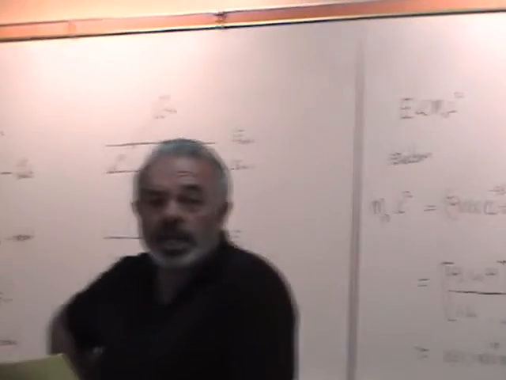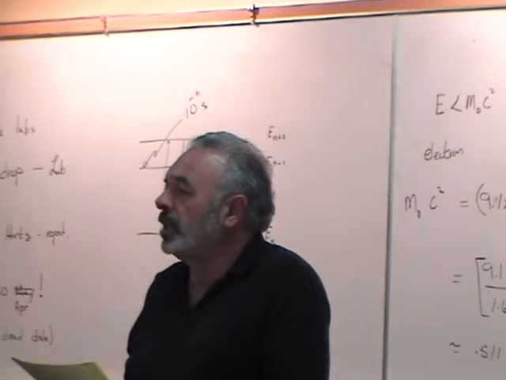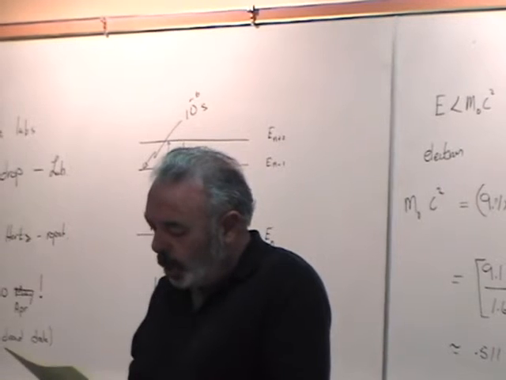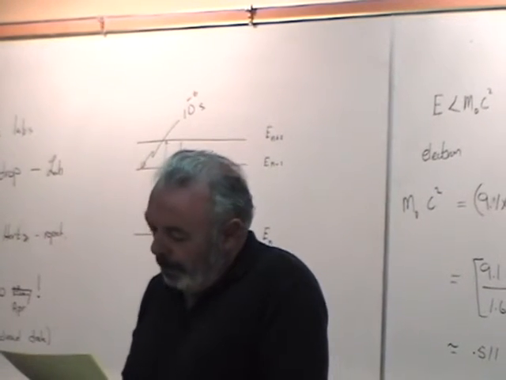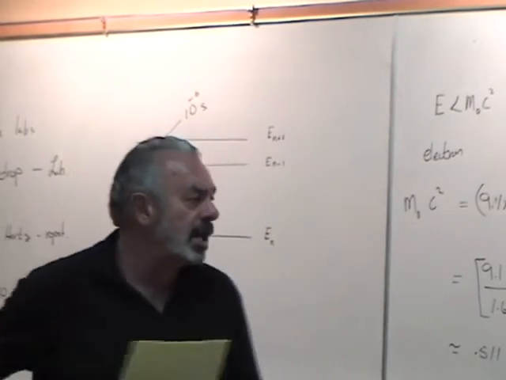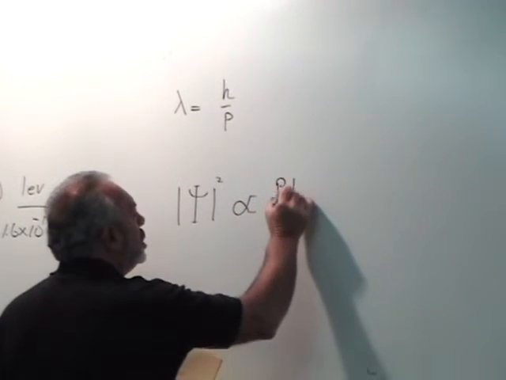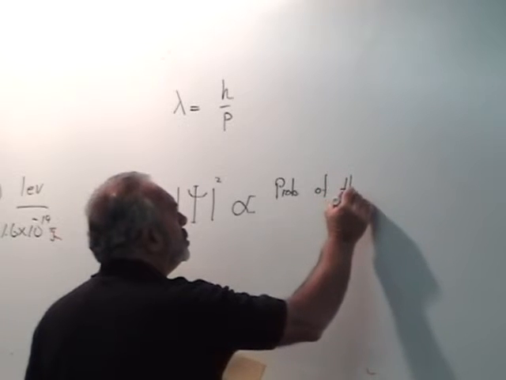And so this can be measured. This does have some kind of physical significance. Psi does not, but the absolute value of psi squared does. And we call it the probability density because it's proportional to finding the object. Proportional to the probability of the particle.